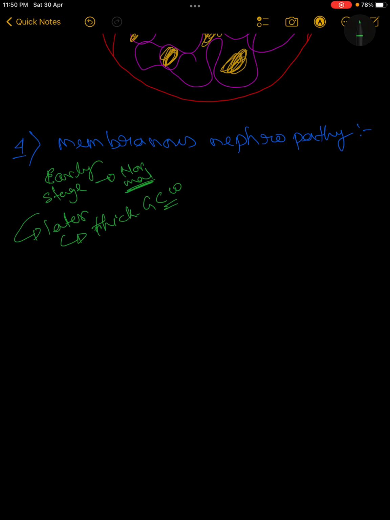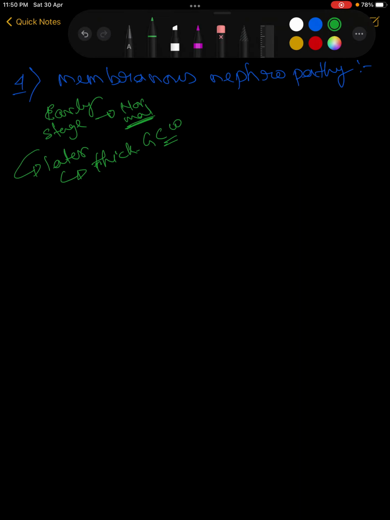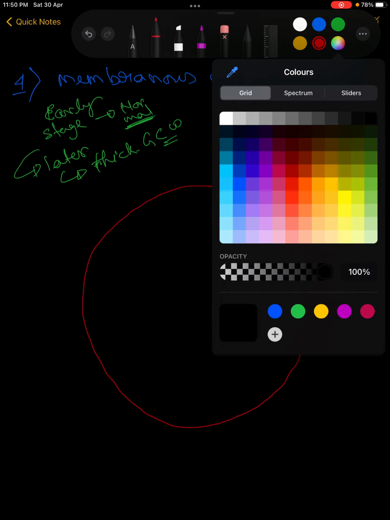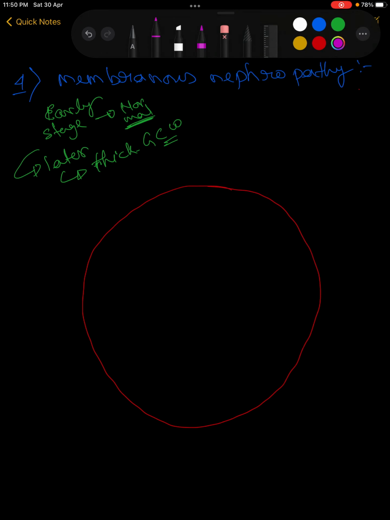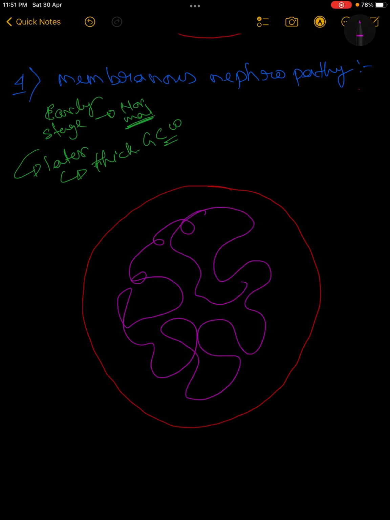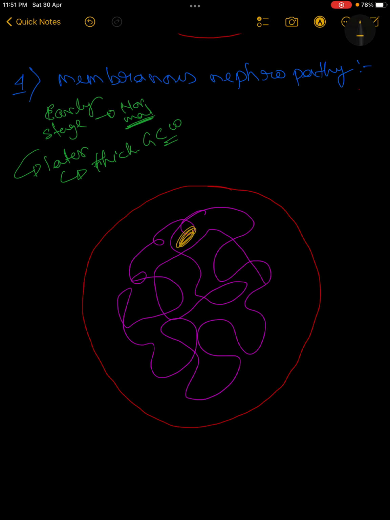But what we have to understand is how we evaluate this histological slide. Again, let's go with basics. If this is our parietal epithelium, and now we have our normal glomerular capillaries, and we have a little bit of mesangium lingering everywhere.